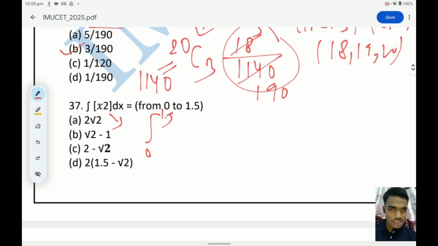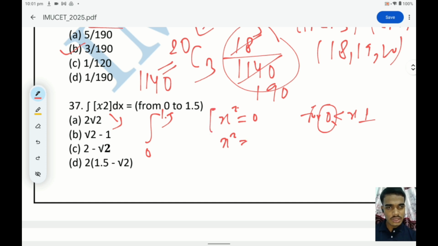So now listen, the greatest integer of x square is 0 when x is from 0 to 1. If x is anything from 0 to 1, then the greatest integer function gives its lowest value, 0, as our answer.